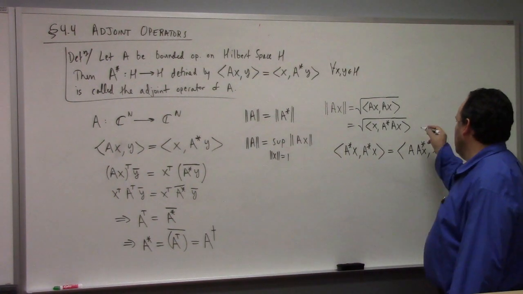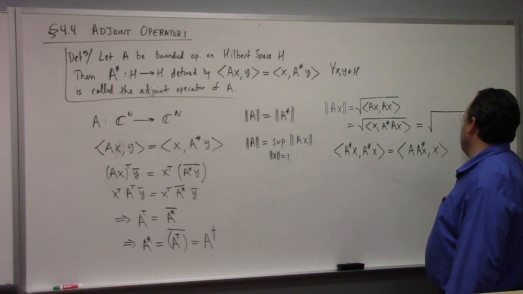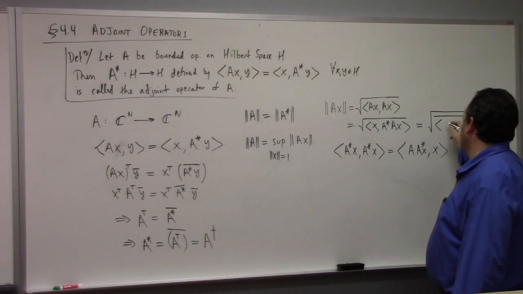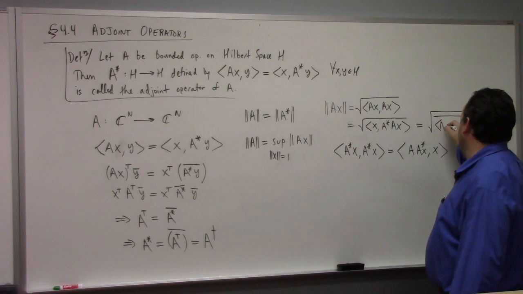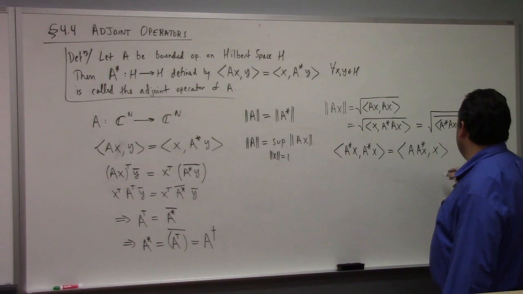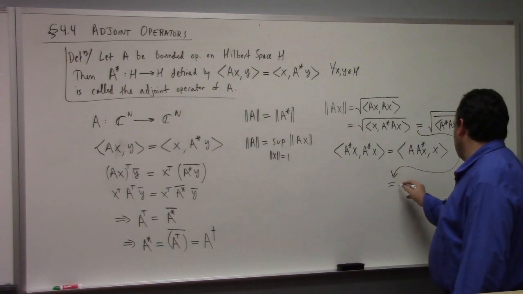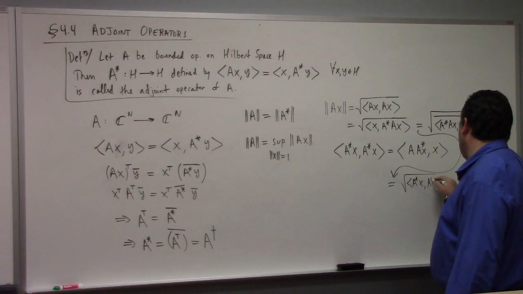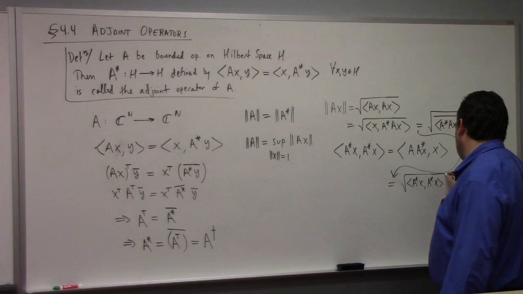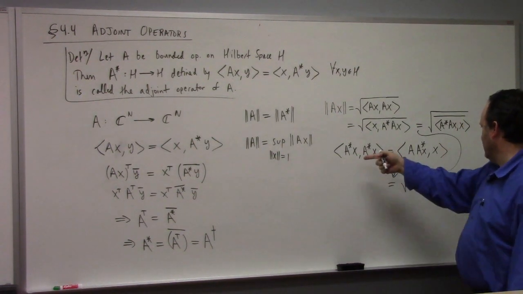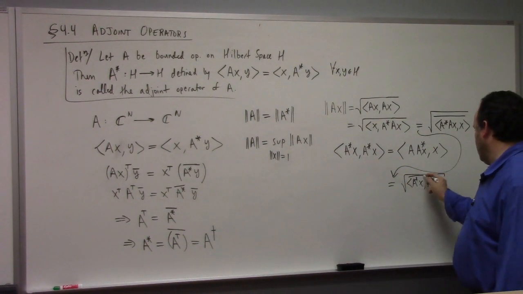And so this is equal to the square root of the conjugate of, which is equal to the square root of, right, because I have that right here and I've still got my conjugate, right?